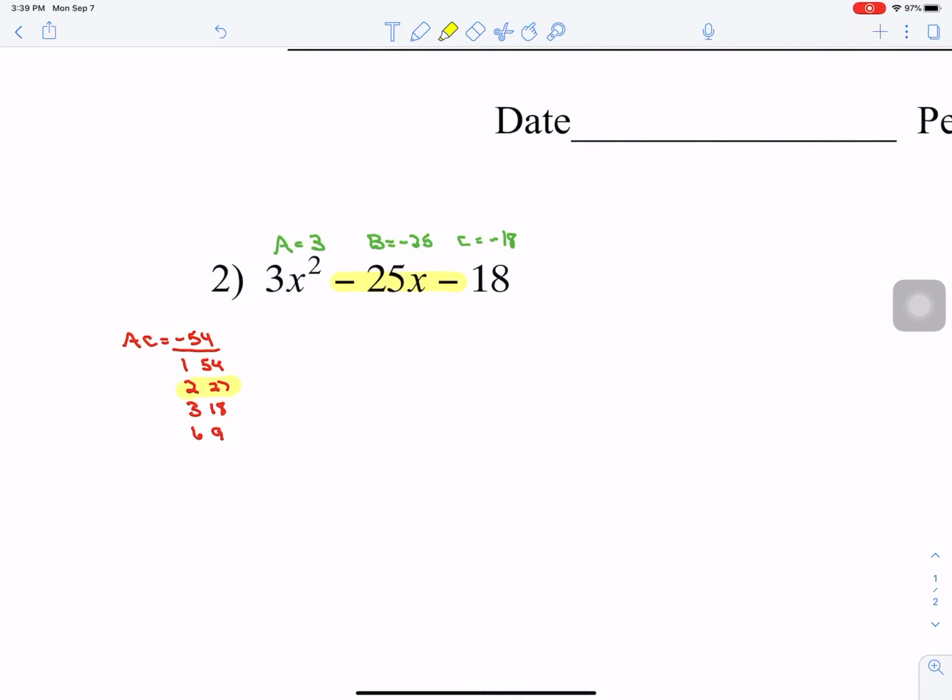Okay, so we're going to rewrite that. And because we want that negative 25, it's going to be a negative 27. So I'm going to rewrite it as 3x squared minus 27x plus 2x minus 18.